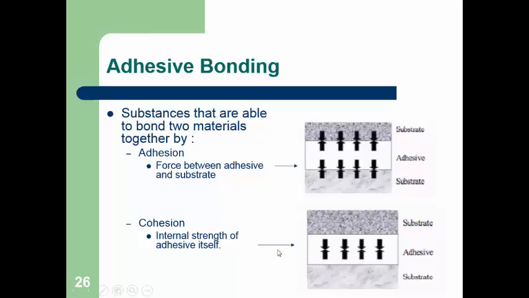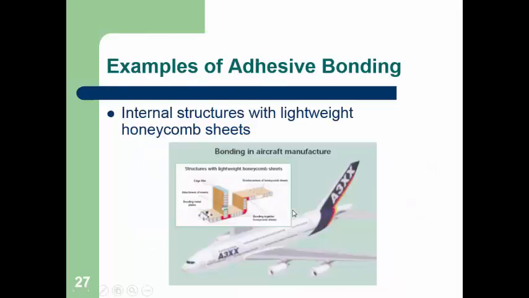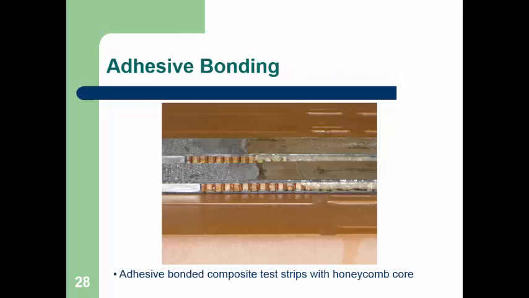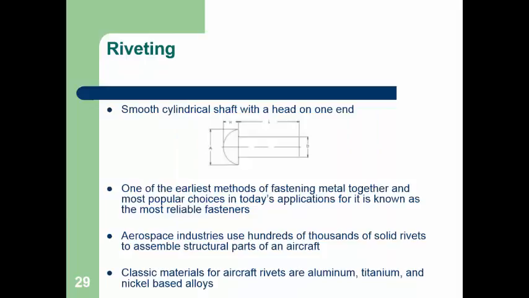Cohesion is the internal strength of the adhesive itself. So examples of adhesive bonding are the internal structures with lightweight honeycomb sheets for composites, and it shows some examples of adhesive bonding.